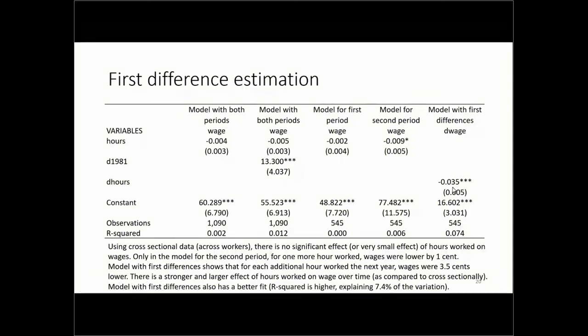Also note that in this case, the R squared increases. So this model actually has a better fit. The R squared is explaining 7.4% of the variation. So again, if we have panel data, this is how we need to estimate this panel data model using the first differences estimator.